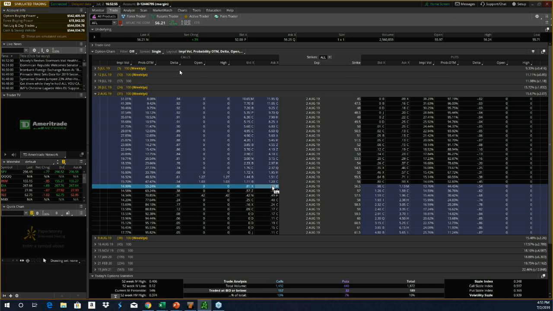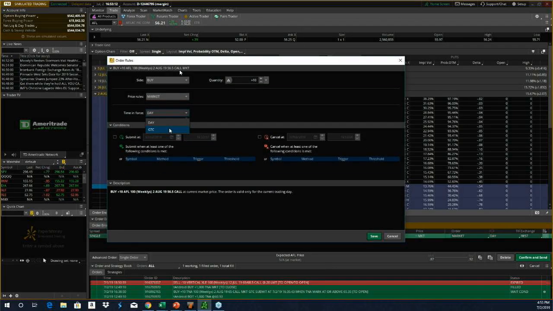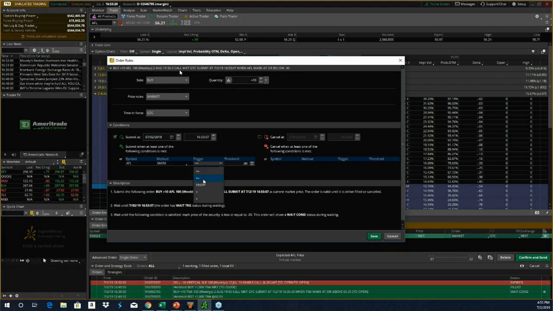And we're going to be buying, and again, you would adjust the quantity according to your account size and risk tolerance, the 56.50 strike calls that expire on August 2nd. And then I'm going to click my little cogwheel here and enter this as a conditional order using the market price, good till canceled. And I'm only going to enter this trade if the price is greater than or equal to 56.25.